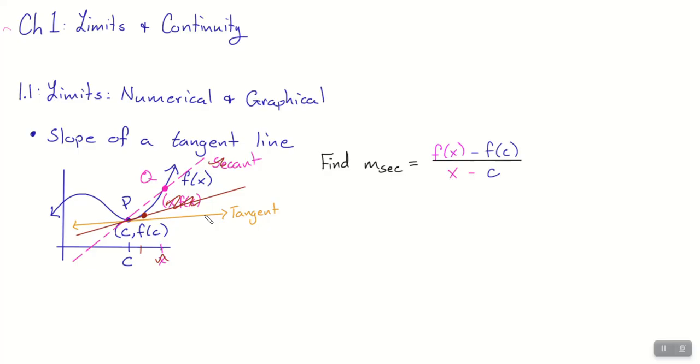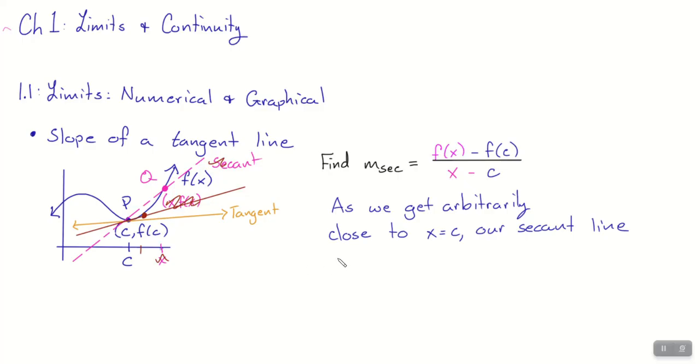So we're going to make that important comment: as we get arbitrarily close to x equals c, our secant line becomes a what? Love it. It becomes a tangent line.